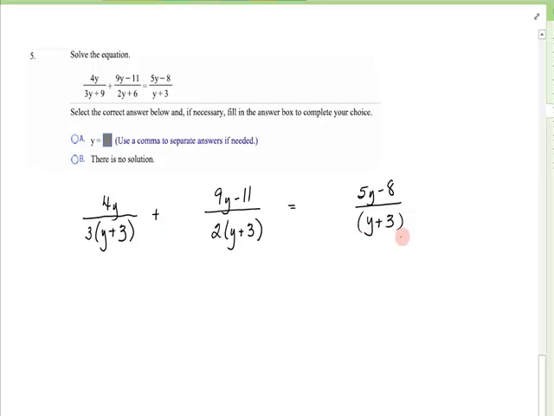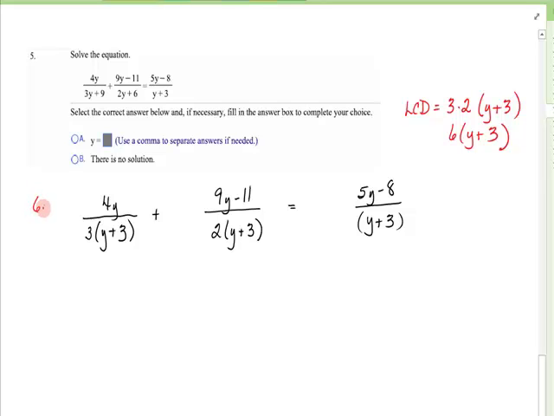What is the LCD? Well, I need one of every different kind of factor. So I need a 3, I need a y plus 3, and I need a 2. So the LCD is 3 times 2 times y plus 3, 6 times y plus 3.